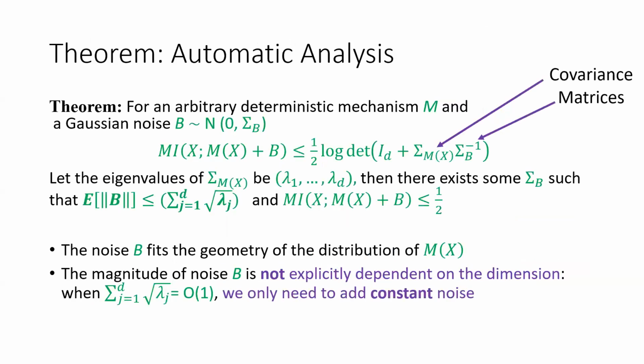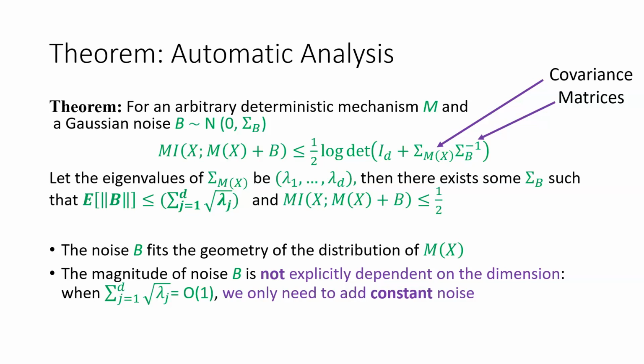So the following theorem gives us the upper bound of the mutual information. This upper bound only requires the knowledge of the covariance matrix of your output distribution, Σ_X. And we show that you can always select proper noise large enough to ensure this upper bound is close to 0.